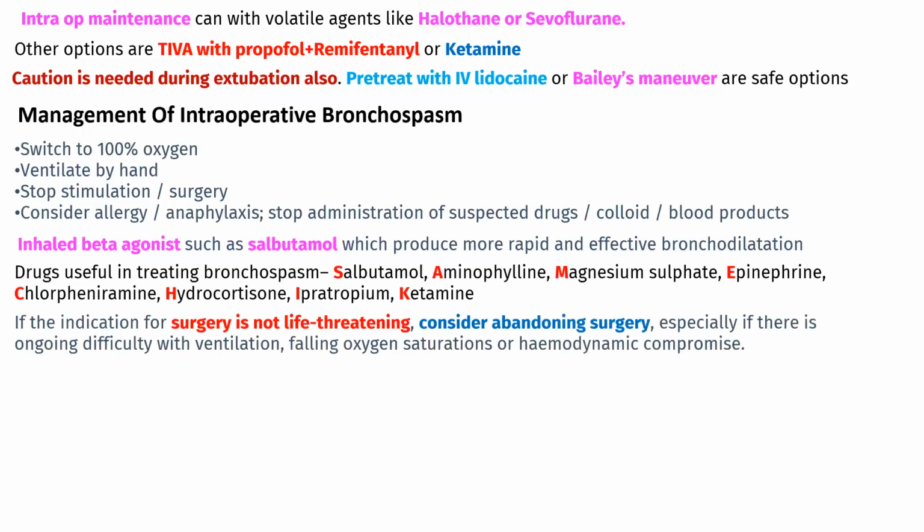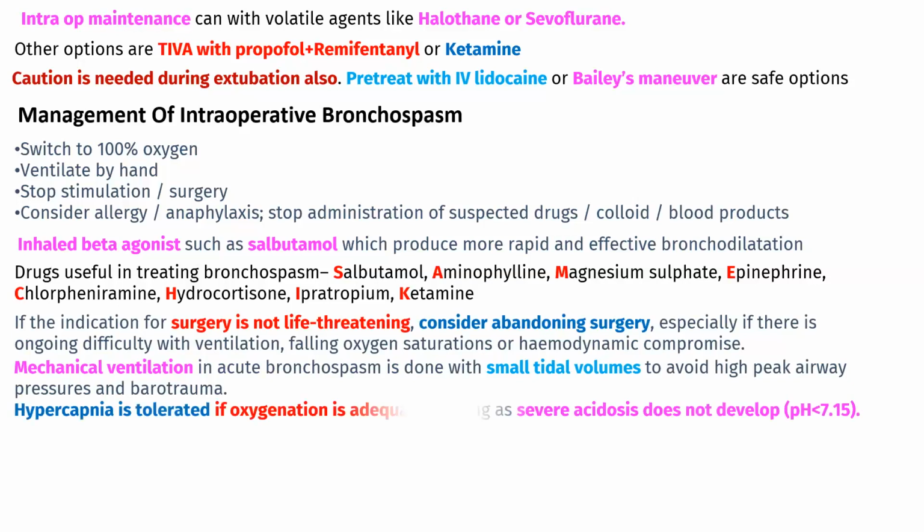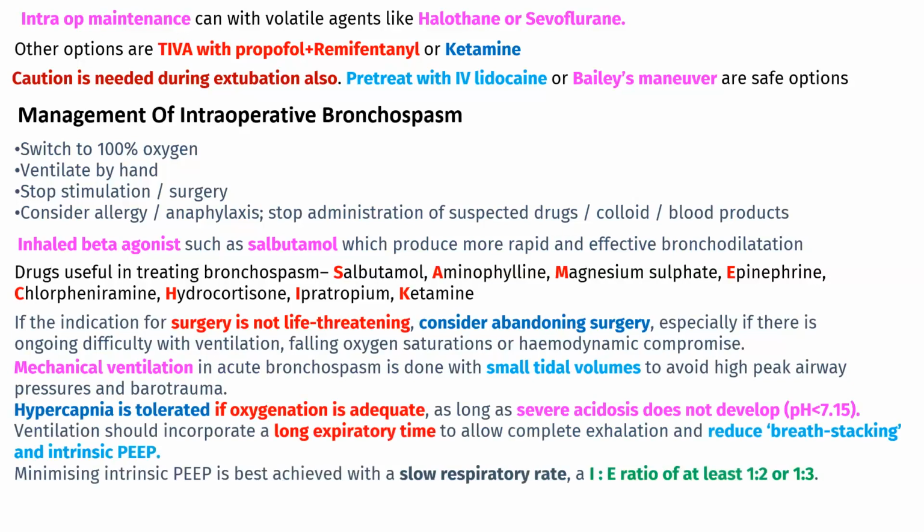And if surgery is not life-threatening, consider abandoning surgery. Mechanical ventilation with small tidal volumes to avoid high peak airway pressure and trauma. Permissive hypercapnia is allowed if oxygenation is adequate, but you must make sure that there is no severe acidosis. And ventilation should incorporate a long expiratory time to allow complete exhalation to reduce breath stacking, and minimize peak pressure with a slow respiratory rate.